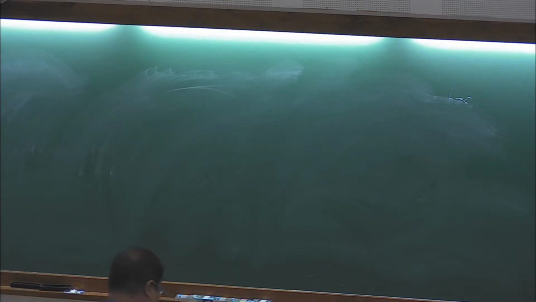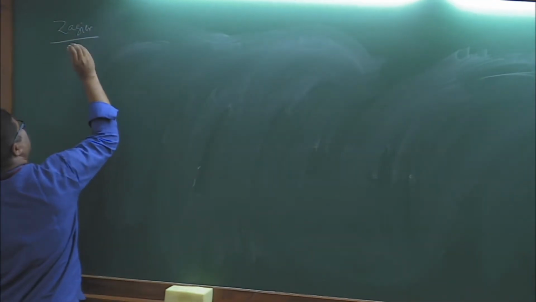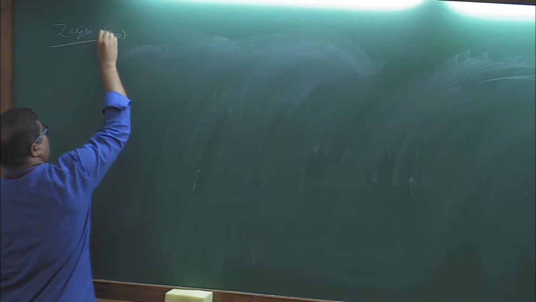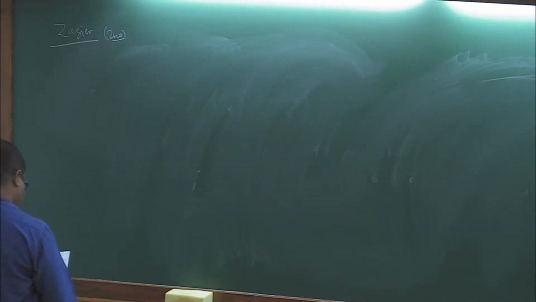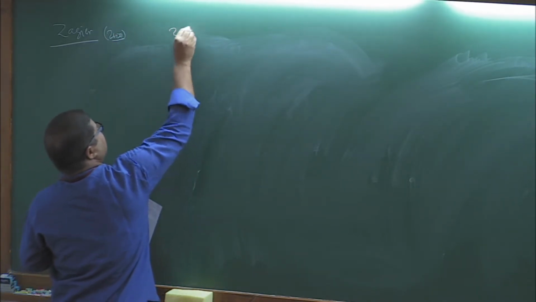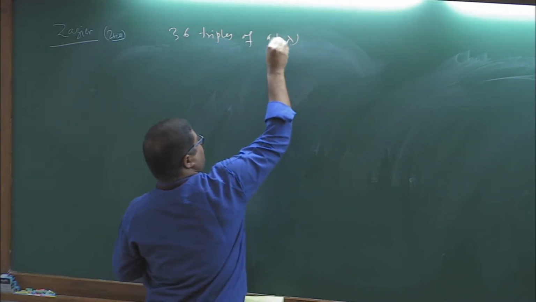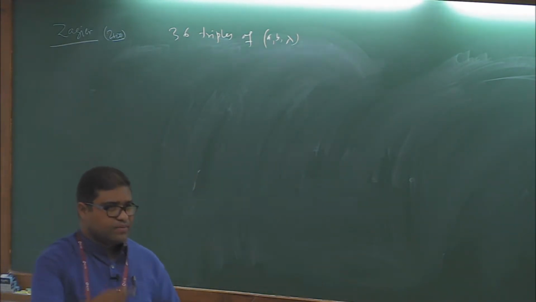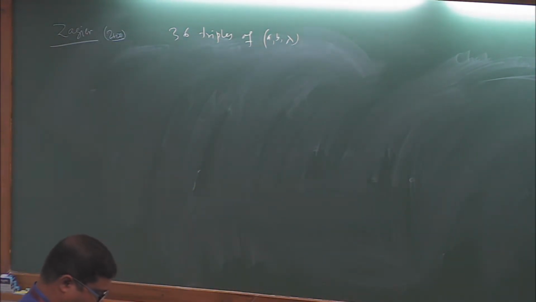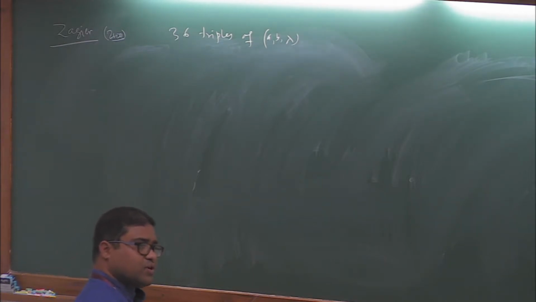And then he described those data. In 2000, he found 36 tuples of a, b, lambda, out of 100 million triples, and he found 6 special solutions which are similar to binomial sums.